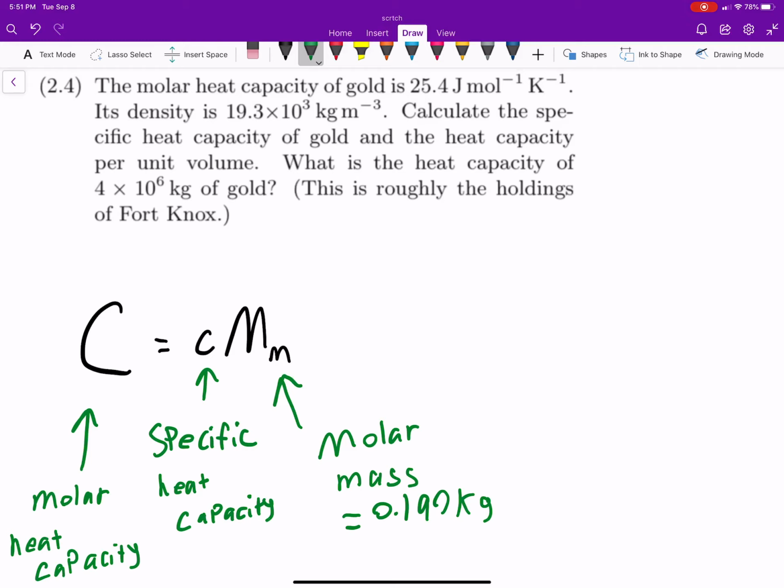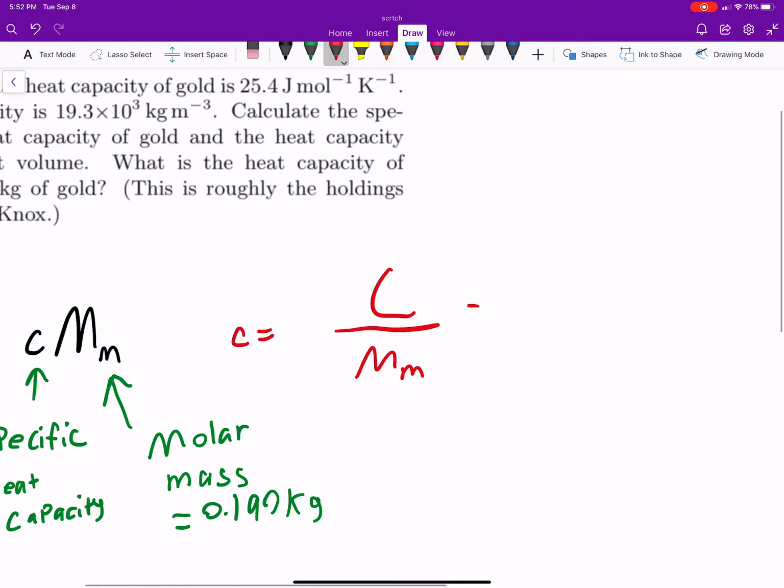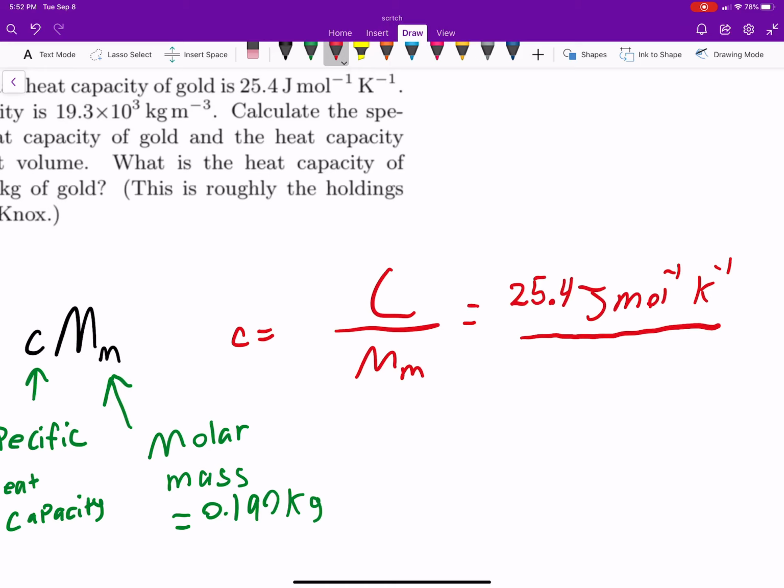Okay? So little c is equal to big C divided by your molar mass. If you plug those values in, that's 25.4 joules per mole per Kelvin divided by the molar mass of 0.197 kilograms.